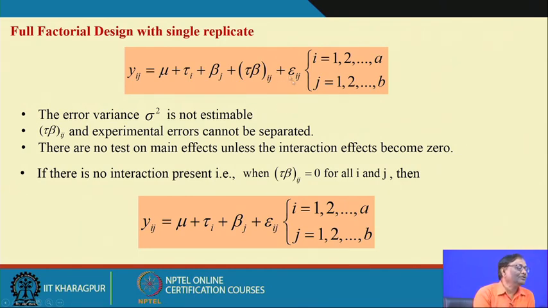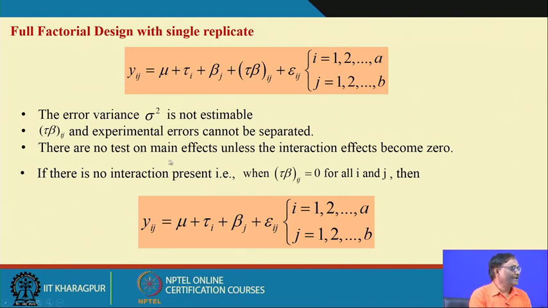Here, when we don't have replications, or we have only a single replicate, the problem is the error variance will not be estimable. Tau beta_ij, that is the interaction, and the experimental error cannot be separated. They are confounded together.